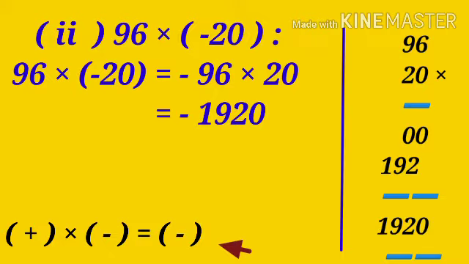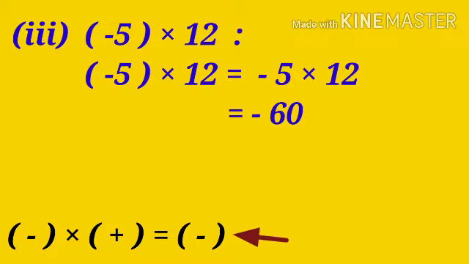We know that the product of two integers of different sign always gives a negative product. That is, multiplying positive with the negative integer gives always a negative integer. Therefore, 96 into minus 20 gives minus of 96 into 20, which is equal to minus of 1920. Similarly, multiplying minus 5 into 12.